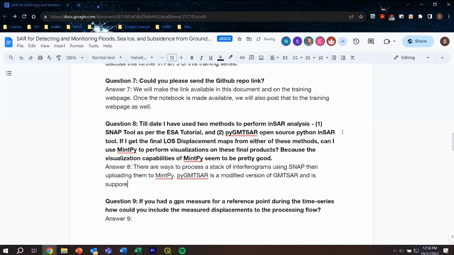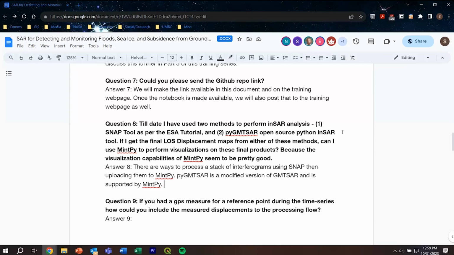I don't know the changes that have been made by the person that's been working on the PyGMT-SAR modified version. So I can't tell you whether the PyGMT-SAR products can be loaded into MintPy. That would be something you could ask the PyGMT-SAR author.